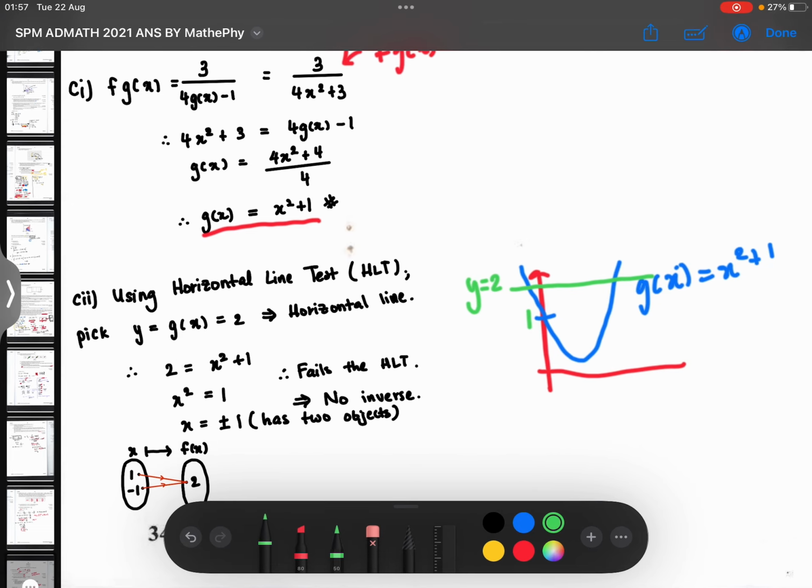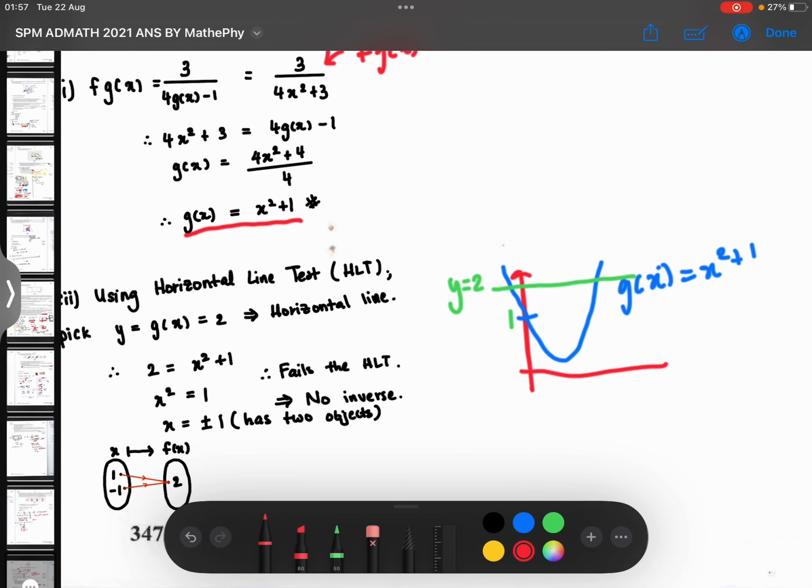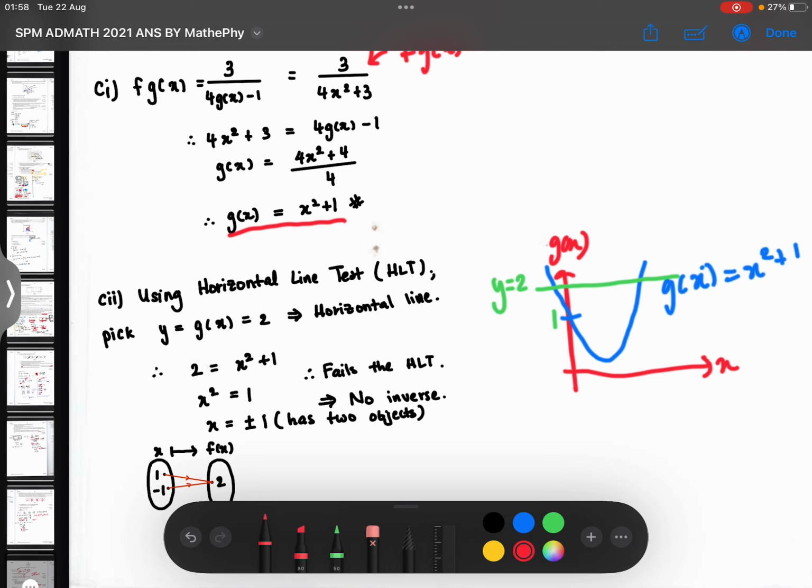So I choose the horizontal line, which is y equals 2. I try to substitute. Okay, when I substitute, I get two values, x equals plus and minus 1, which means that it has two objects for one image.